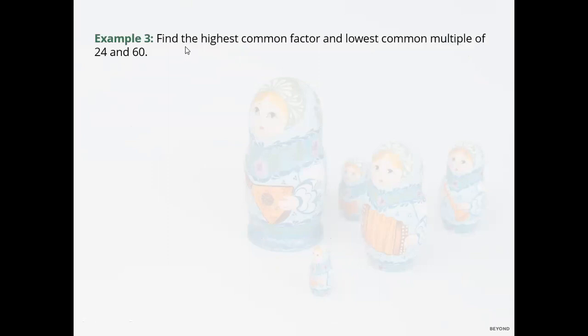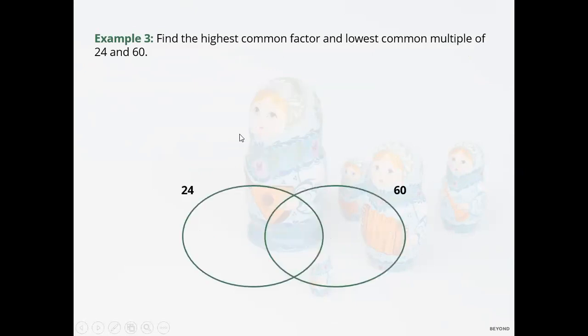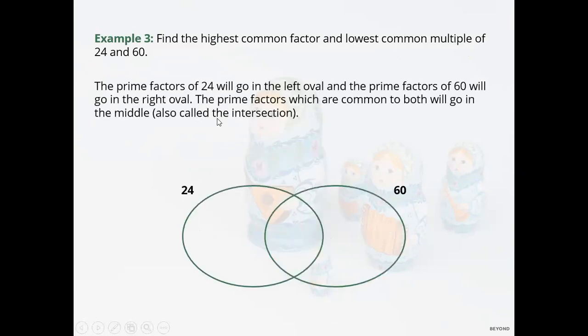Now, find the highest common factor and the lowest common multiple of 24 and 60. That's what we're supposed to do. Next, you can draw a Venn diagram: 2 overlapping ovals or circles. Label the left oval 24 and the right oval 60, like this.